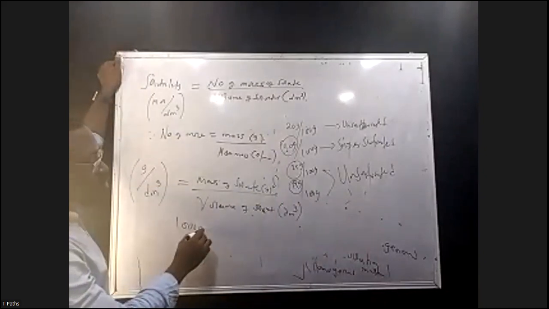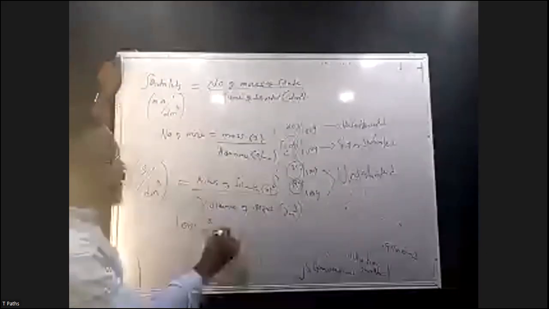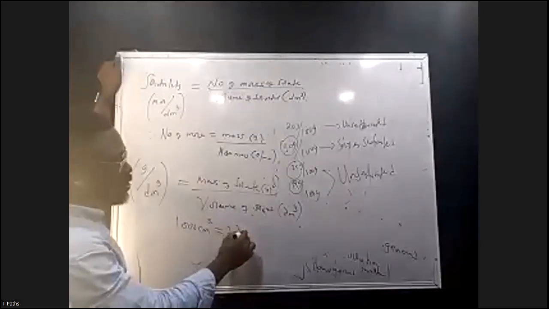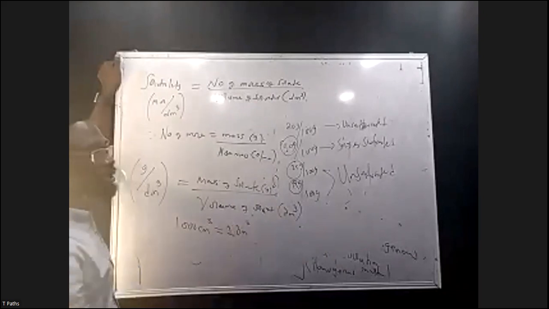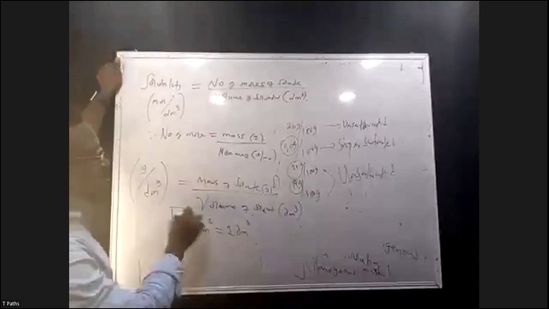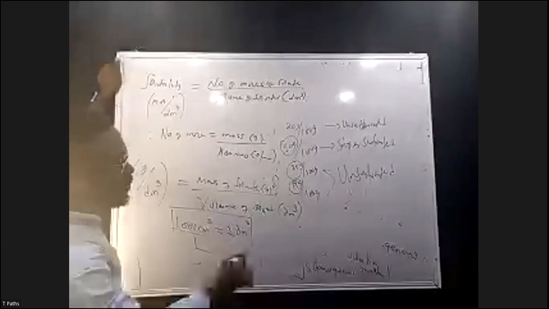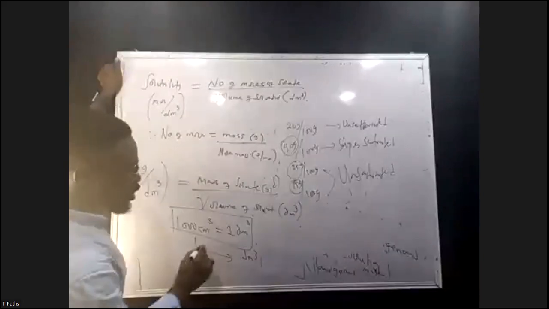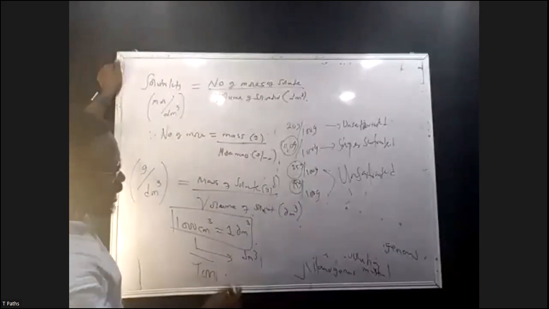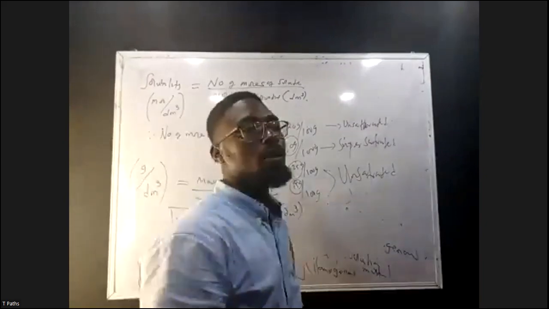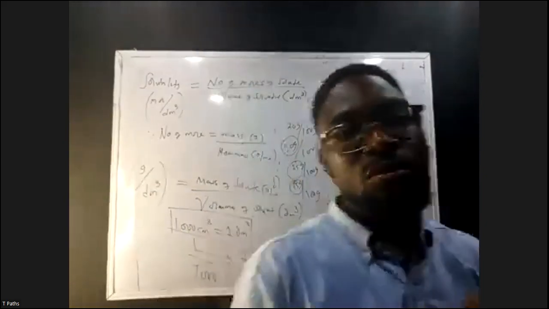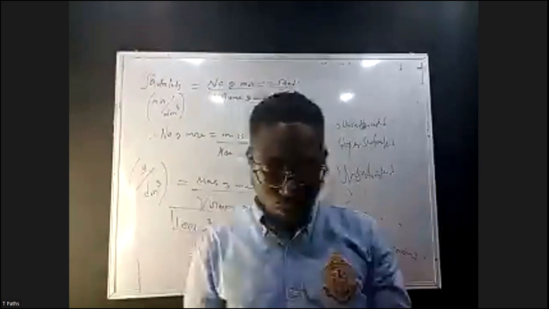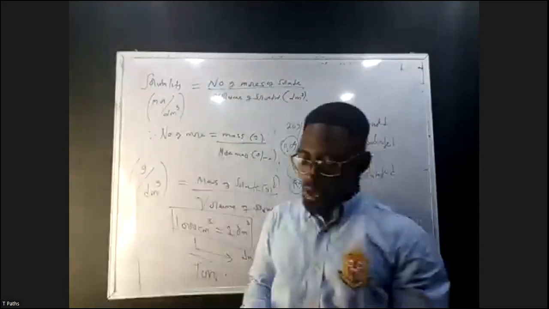So they are going to use the conversion that 1000 cm³ is equal to 1 dm³. What this basically means is that if you want to convert your cm³ to dm³, just divide by 1000.